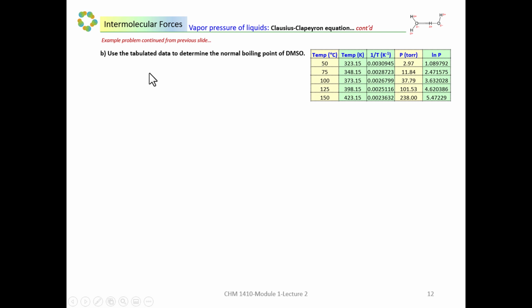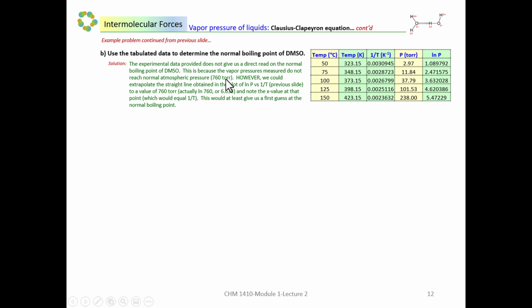Let's look at this a little bit more. How about if we try to use the data in our table to determine the normal boiling point of DMSO? Remember, that would be the temperature at which the vapor pressure of DMSO equals normal atmospheric pressure, or 760 torr.